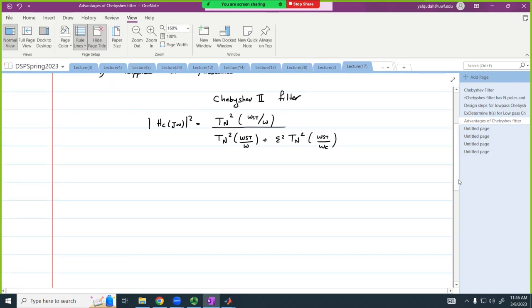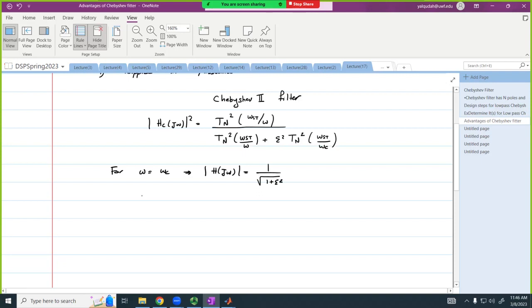Okay, so this is the equation of the Chebyshev type 2 filter. Now we have the Chebyshev polynomial both in the numerator and in the denominator. And therefore, for omega equal to omega c, the magnitude of H of j omega is just going to equal 1 over the square root of 1 plus epsilon squared.